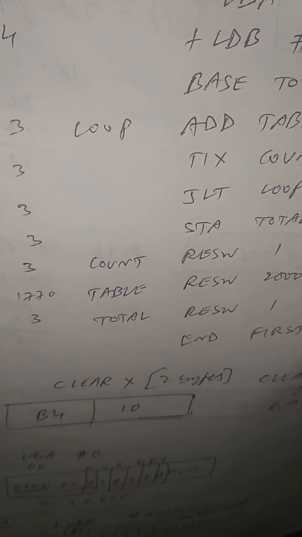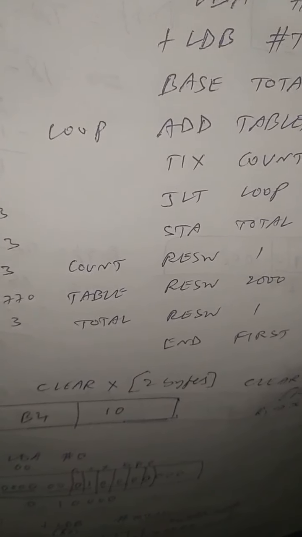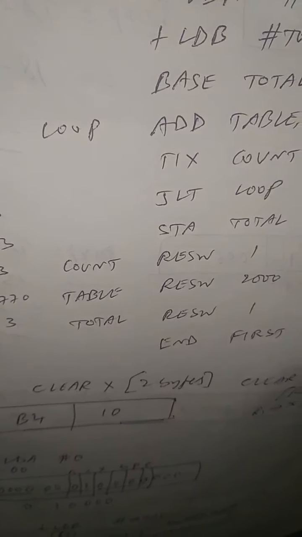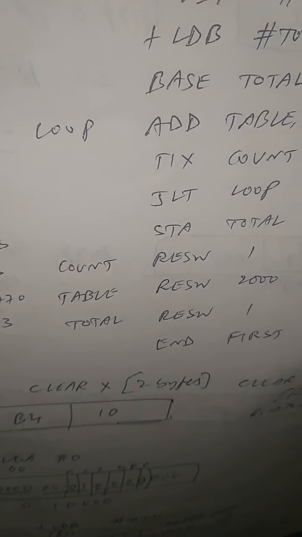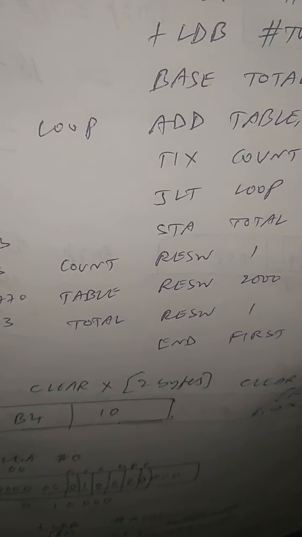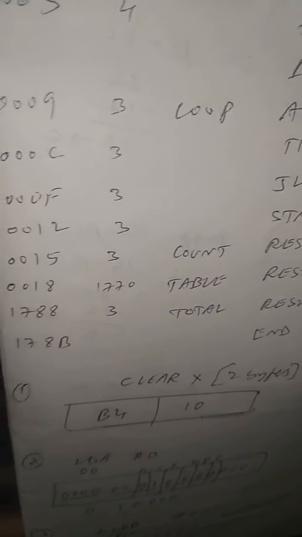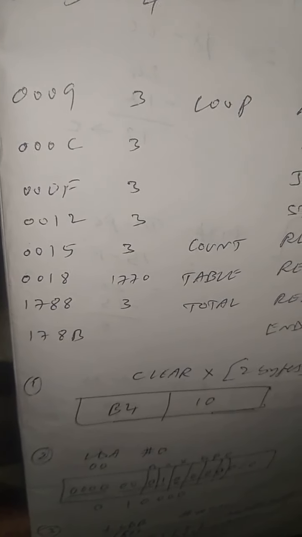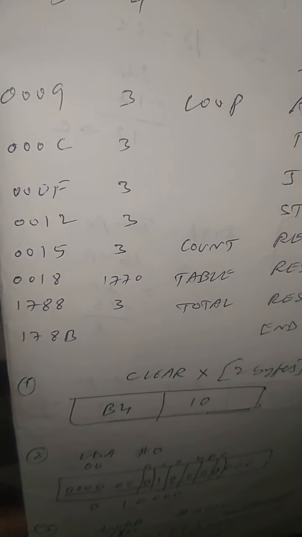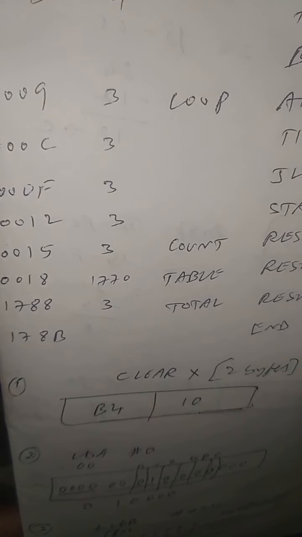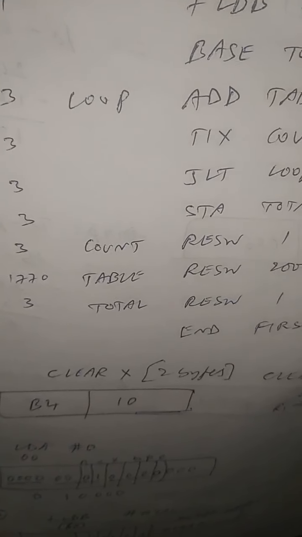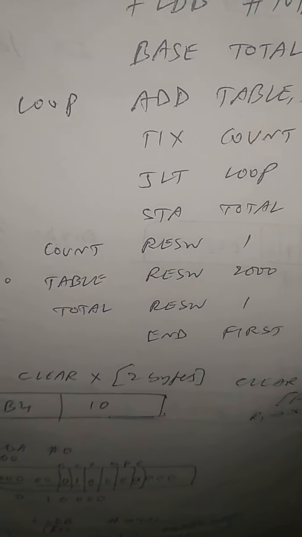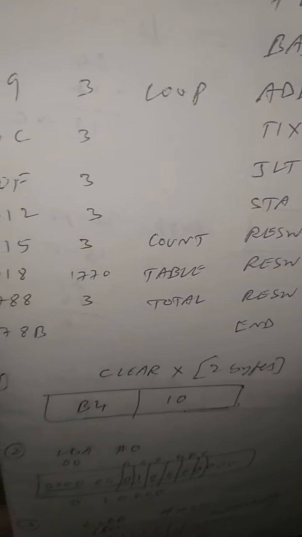Then we have TABLE RESW 2000. 2000 means we have to multiply it by 3 because each word takes 3 bytes. 2000 into 3 becomes 6000. If you convert that into hexadecimal, it becomes 1770, so 1770 bytes are taken by RESW 2000. The next address is 1788.